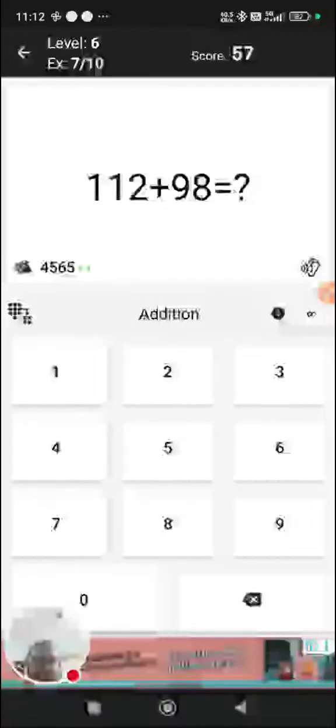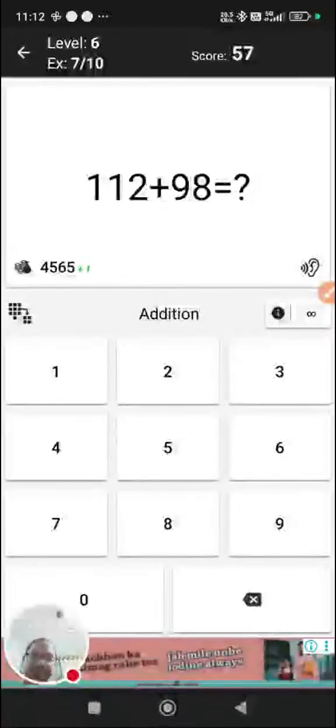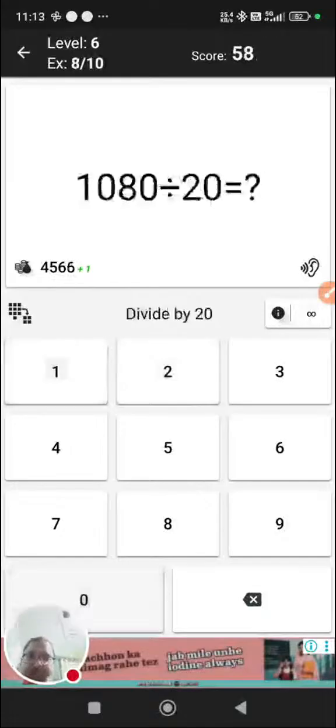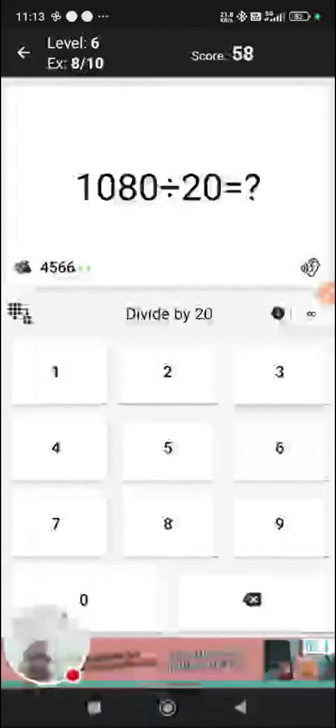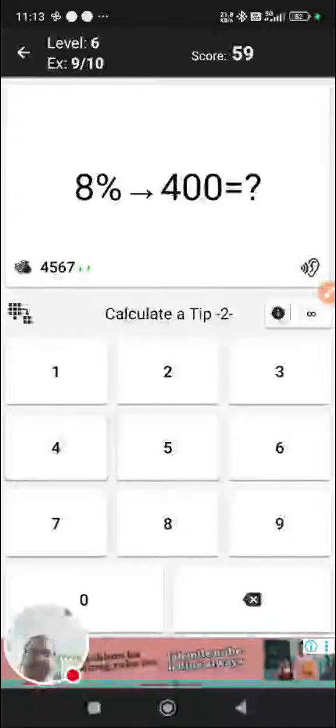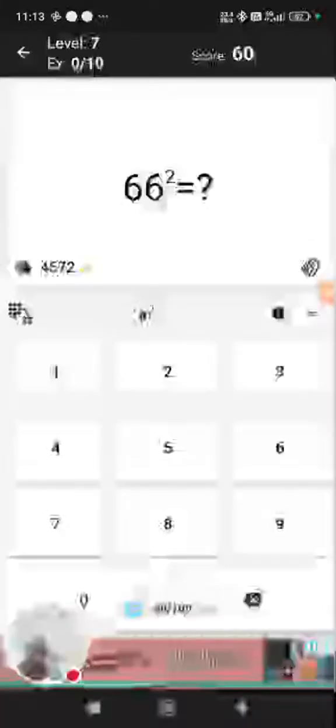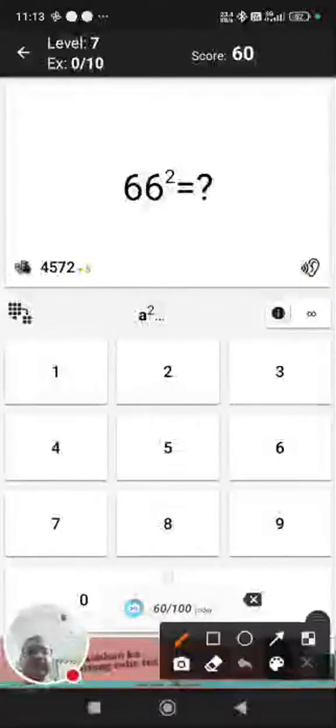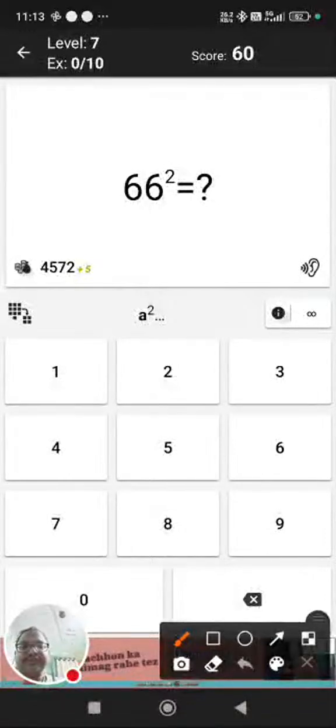Next one, here we 11 plus 9, which will be 20. 20 plus 10, 1 2 10, 2 10, 0 0 cancel to 54 times. 8 4 times will be 32. So for this one, which we see 66 square, first we do the 6 square, which is 36. 6 place here, 3 place here.